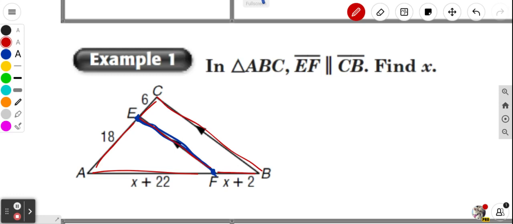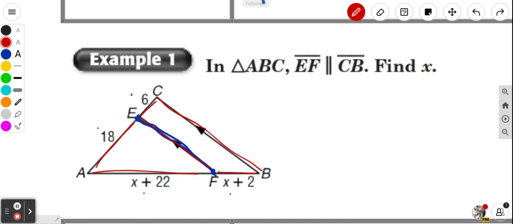So we can use those and write a proportion. You can set it up in many different ways. Like you could do this to this equals this to this, or this to this equals this to this. There are a lot of different ways to set it up as long as the ones that are opposite each other go together.